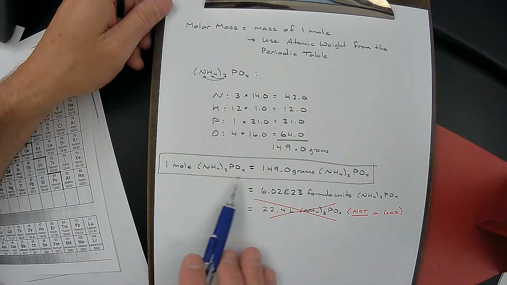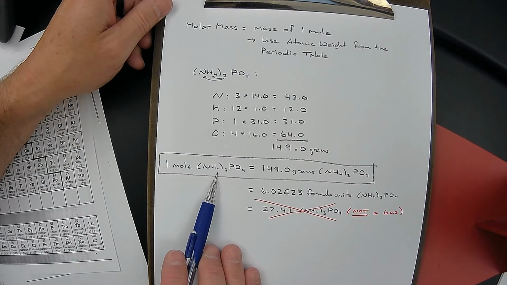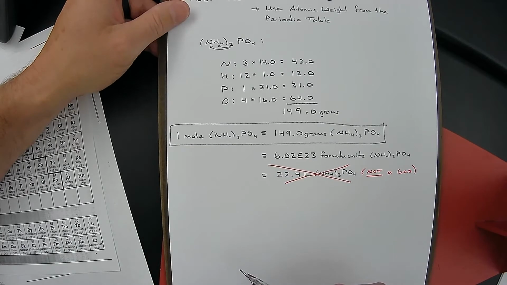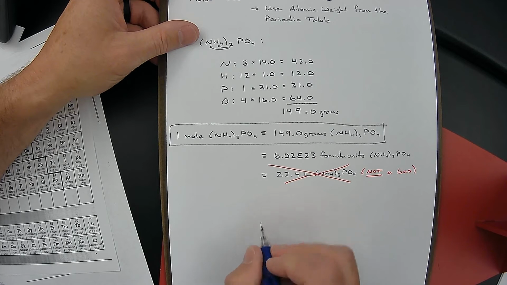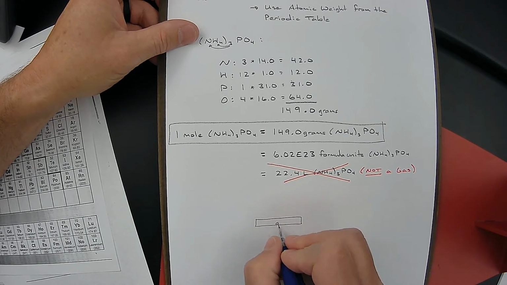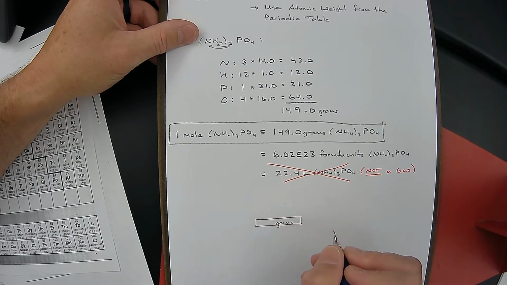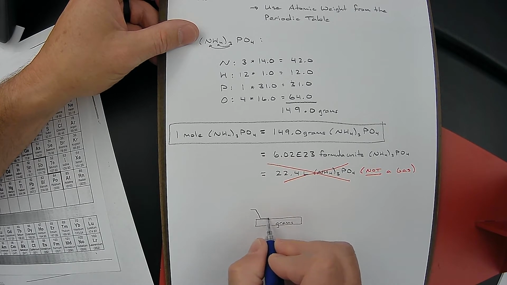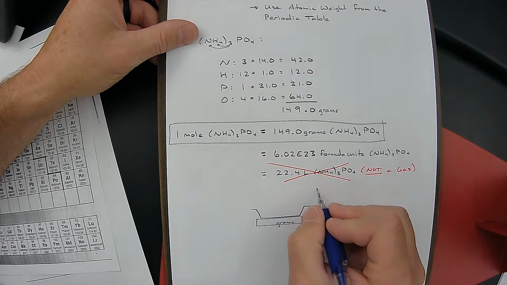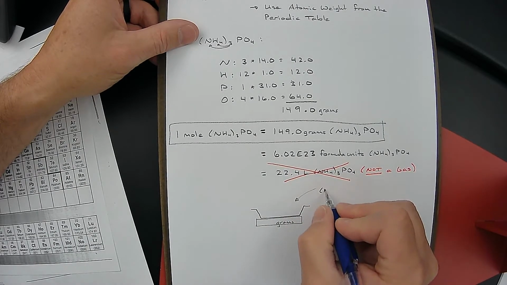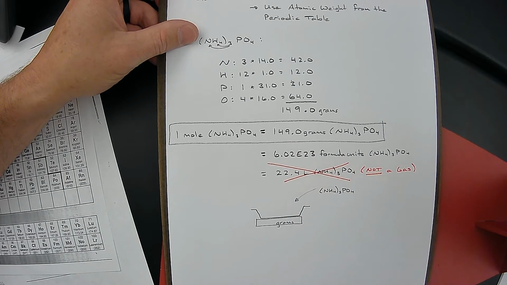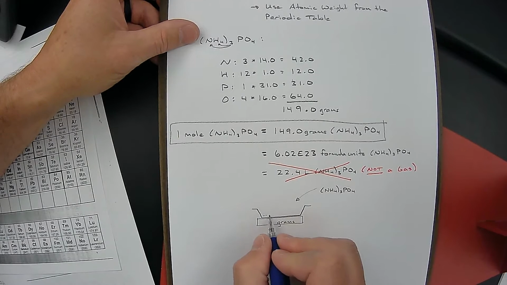If someone were to give me a bottle of (NH4)3PO4 and they asked me to measure a mole, let's say that we had a measuring device that measured in grams, and we put a container here, and then we've got our bottle. We're going to put some (NH4)3PO4 compound on there, and we start putting it on.